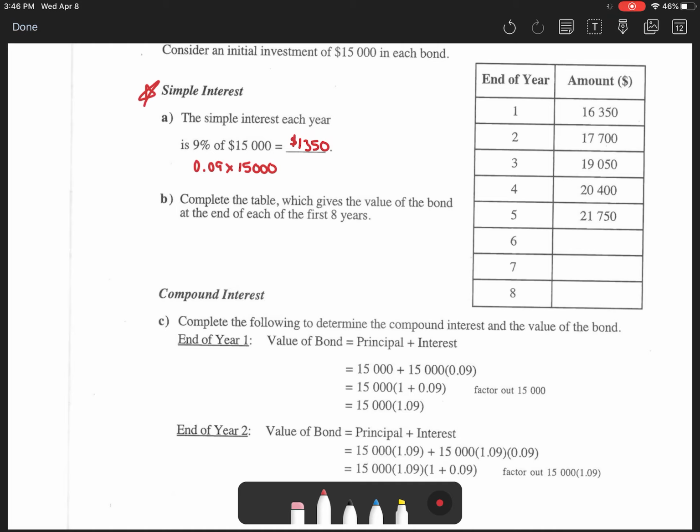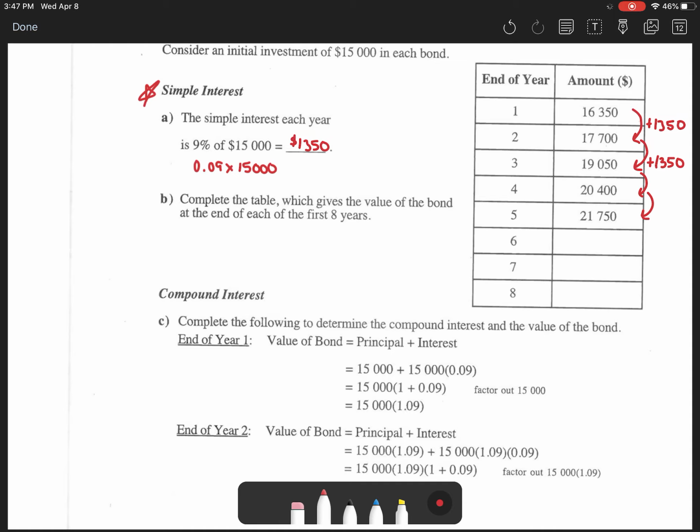So what happens is part B now says complete the table. Well, if this is simple interest, what you're going to figure out is that every year you are going to be adding $1,350. Then the next year you will also add $1,350, okay? And so on and so on.